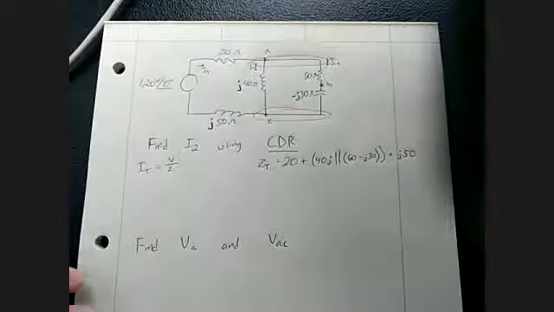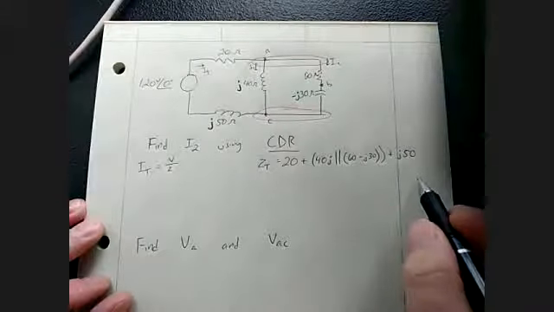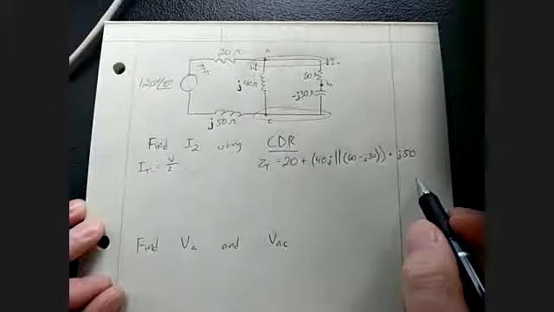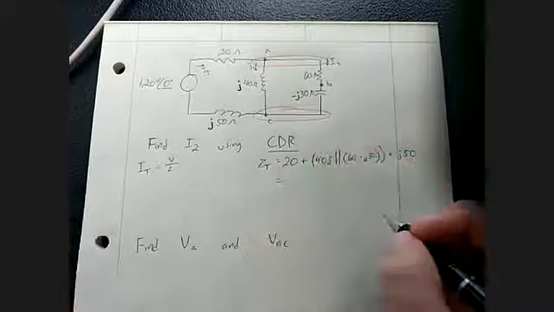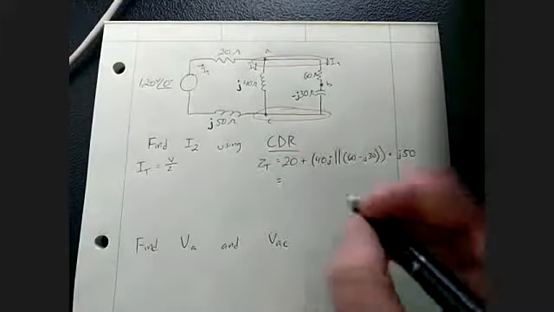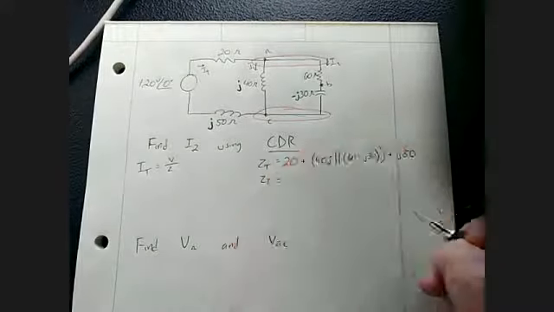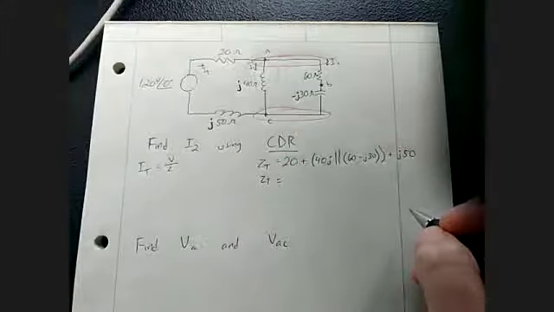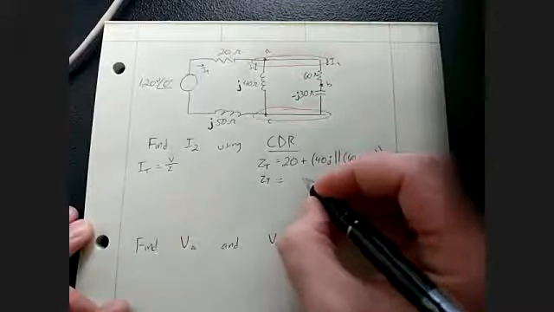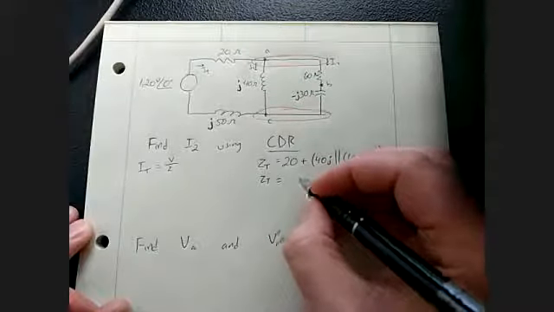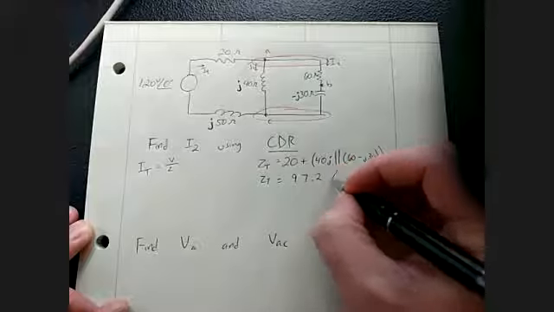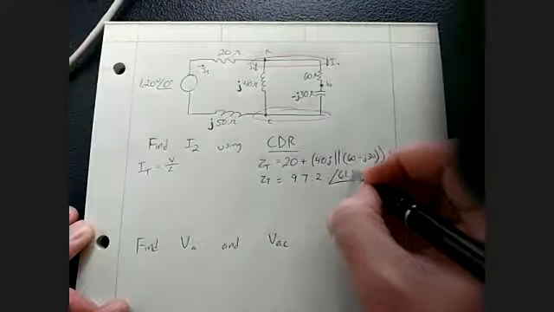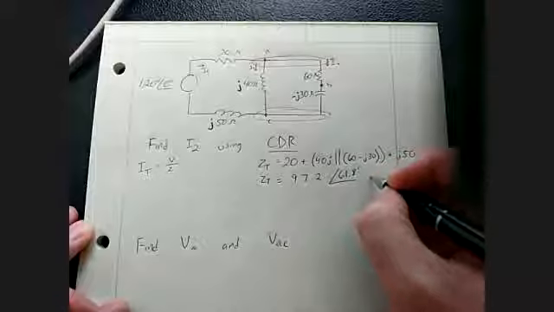Does anyone need me to type this into a calculator? No? Okay, so I'll write it down. I would recommend whatever your calculator is that you go ahead and practice solving for it using your calculator, because we have new calculators, especially with this online form. The total comes out to 97.2 angle 61.8 degrees.